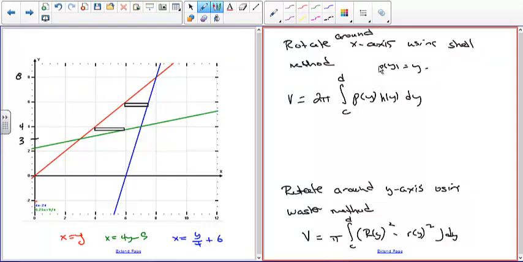That's because we're rotating around the x-axis, just like the other case when we rotate around the y-axis, p of x was x. So you should end up with something squared minus something squared here, whereas up there you'll have just something minus something. You should see that correspondence.